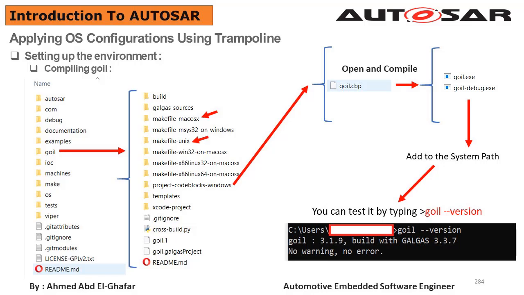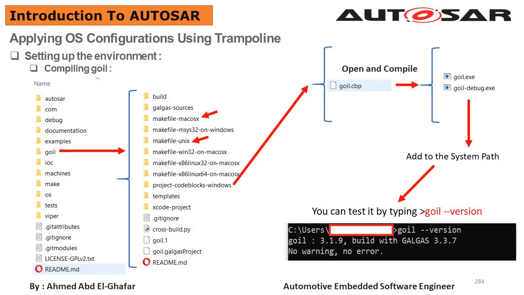To compile GOIL, go to the directory corresponding to your operating system. goil/makefile-macosx if you are a Mac OS X user, okay? Or if you are using Linux or Unix, you can go for goil/makefile-unix.